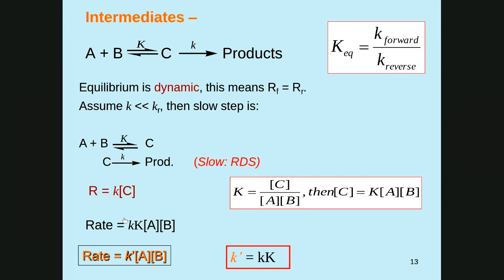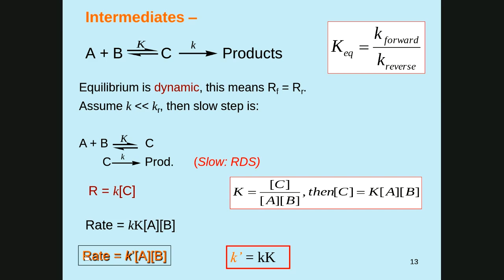If you do that, we formulate the rate of the reaction in terms of the rate constant of the second step, the equilibrium constant for the first step, and the concentrations of reactants A and B, which are the initial reactants. So what we have done, we have eliminated the concentration of the intermediate C in favor of an expression in terms of the concentrations of A and B, which is normally the desirable form of a rate expression, of a rate law.